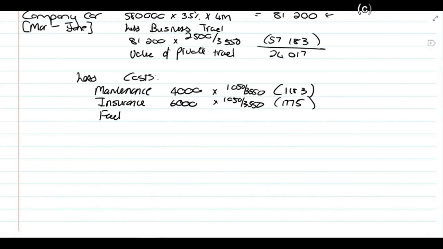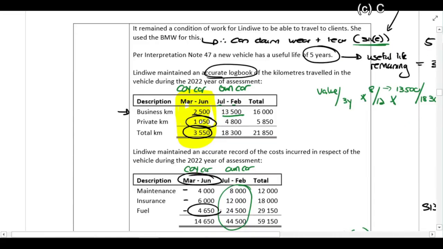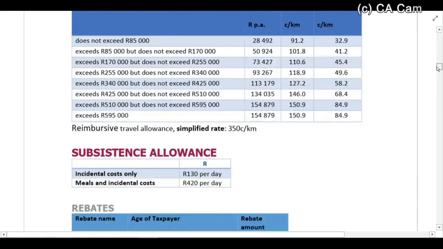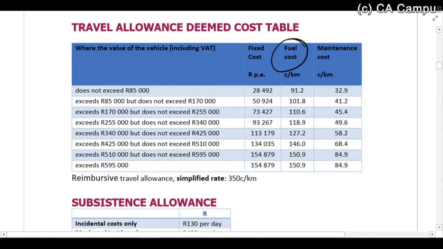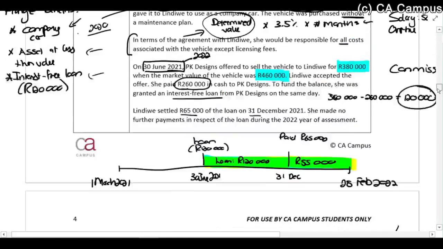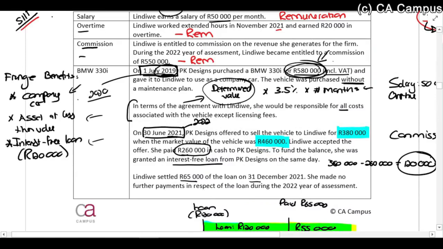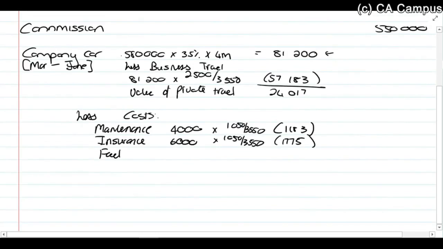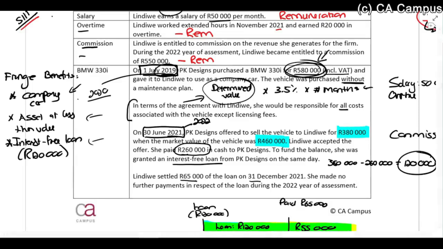Okay, then for fuel. Now, although we have a fuel cost there, remember that we have to use the travel allowance table. So you have to go and use the value of the vehicle, which is used in the company car calculation, which is that 580,000. So here at the top, where we calculate the company car, if you multiply it by 85% to reduce it for the determined value, if you don't have it, you would use the reduced value, whatever values that you use there.